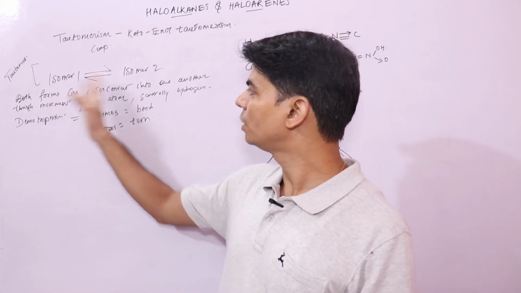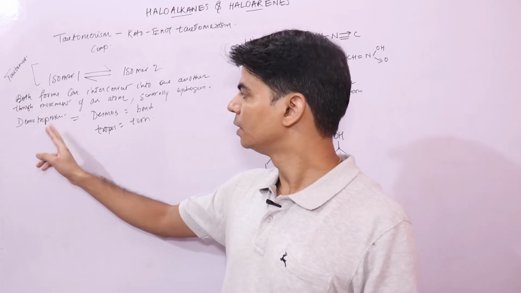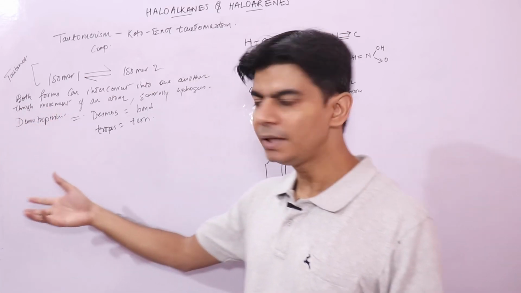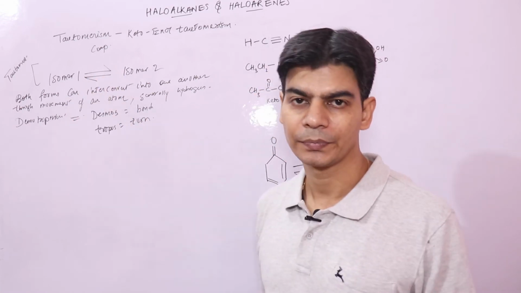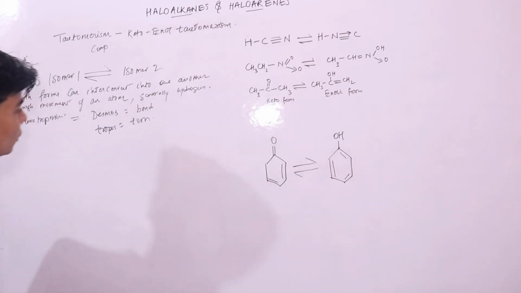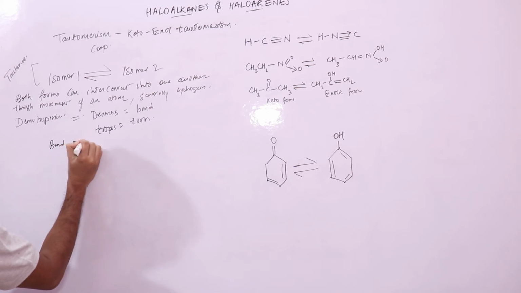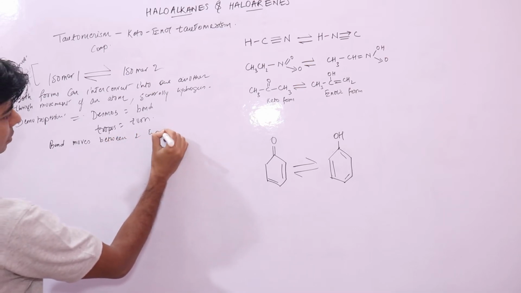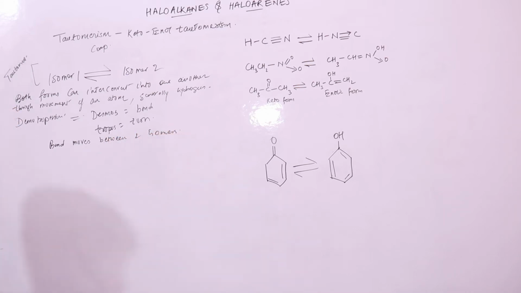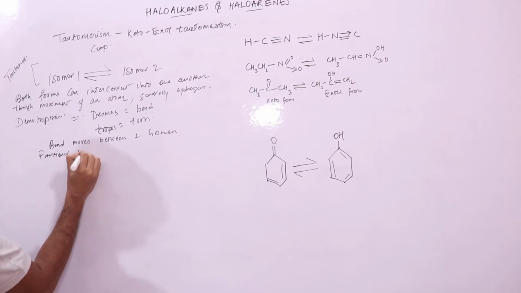This word desmotropism indicates that a bond is turning or moving between the two isomers. We'll see how. So here the bond moves between two isomers, and like I said, it's a special type of functional isomerism.